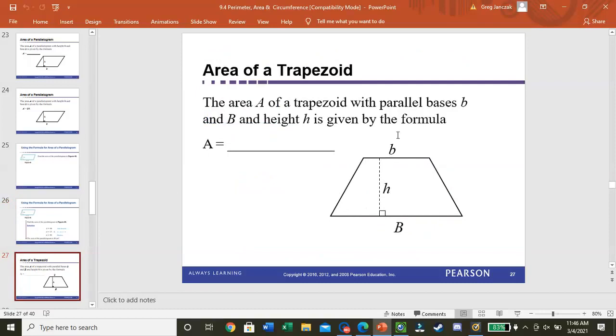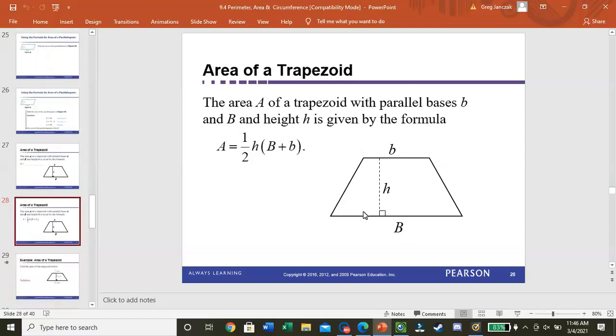Those would be the bases, lowercase b and uppercase B. So the area of a trapezoid is 1/2 the height times the sum of the 2 bases. Notice the bases are in parentheses, so you have to add those up first before you multiply by the height.